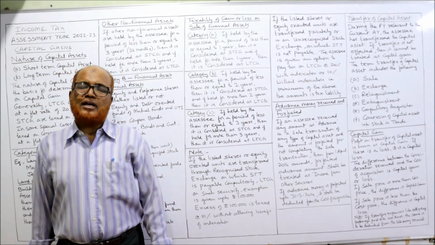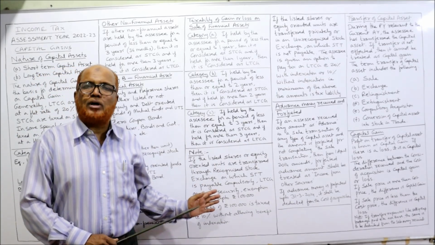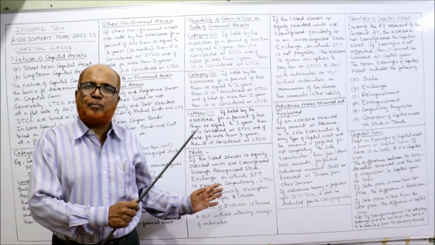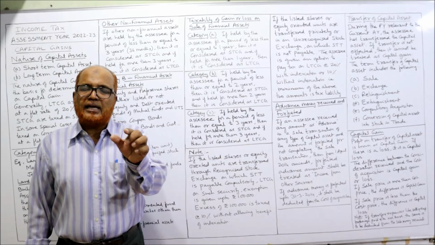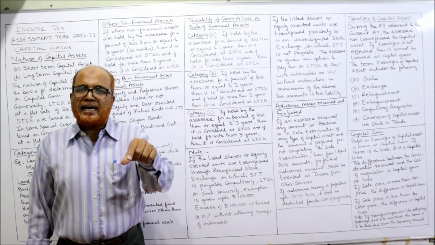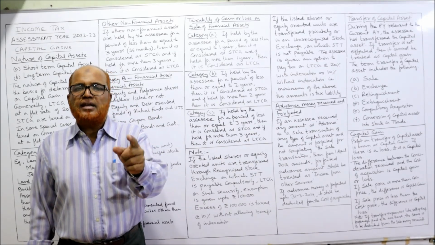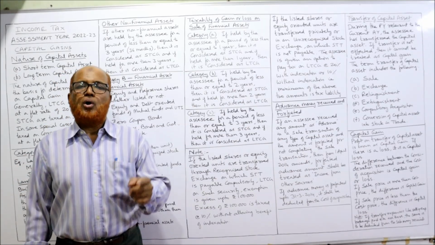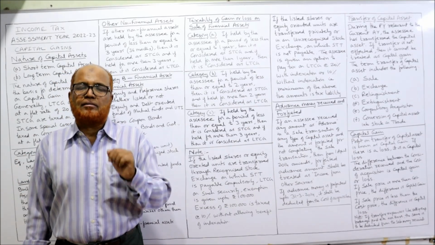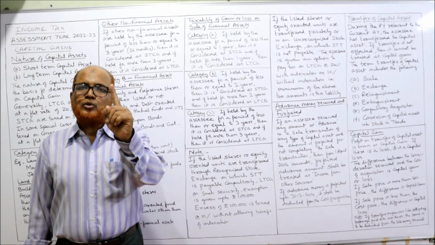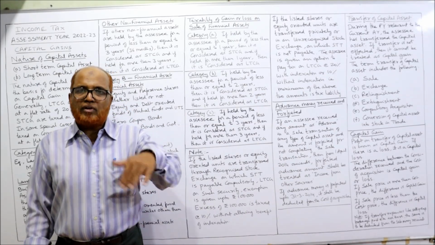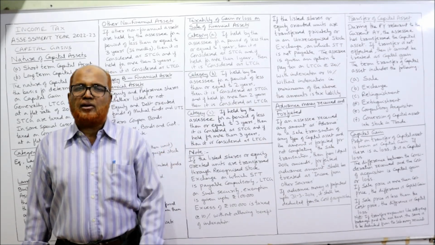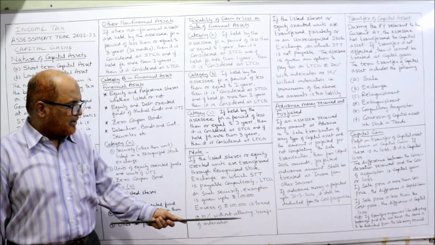So remember, very important point, you will come across it in many problems in the coming videos. So if long-term capital gain arises on sale of shares in a recognized stock exchange on which STT was paid, in that case up to 1 lakh rupees capital gain is tax free. Over 1 lakh rupees long-term capital gain is taxed at a flat rate of 10%.